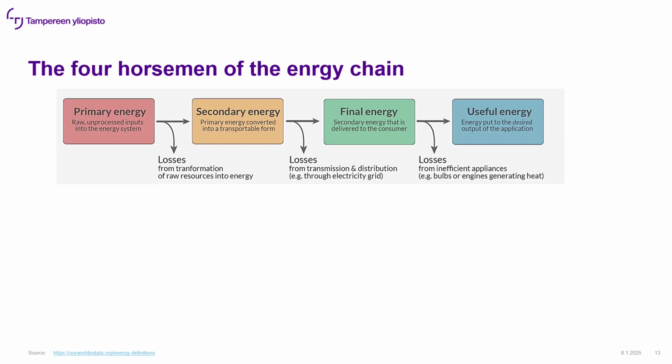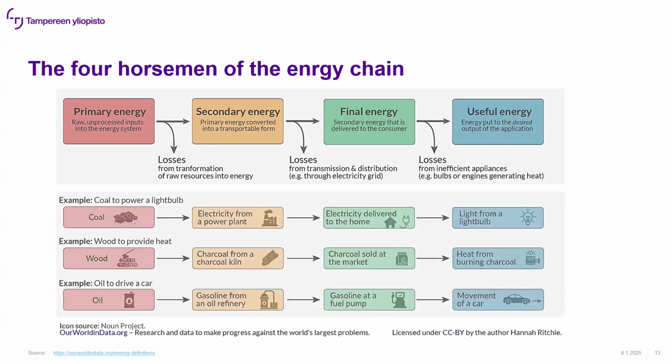You have the secondary energy that is delivered to the customer. In the district heating system, something is delivered also to the front. And then from there on, you have the useful energy. So you have losses, and losses. The more complex an energy system you have, the more possibilities of losses you have.